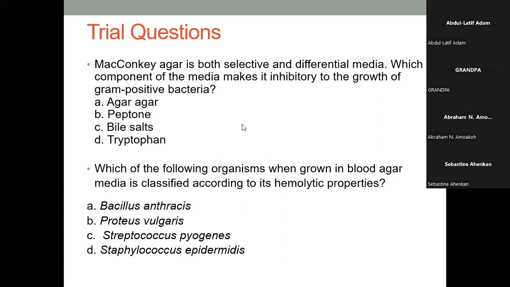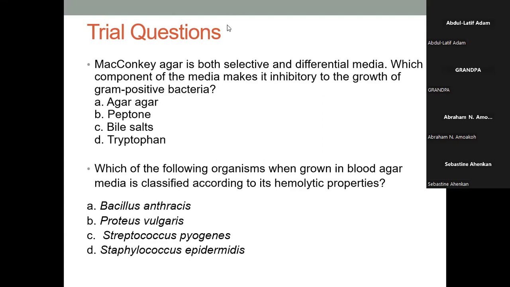All right, so the next: which of the following organisms, when grown on blood agar media, is classified according to its hemolytic properties? Yes, sir. Streptococcus. Streptococcus, fantastic. That's correct.